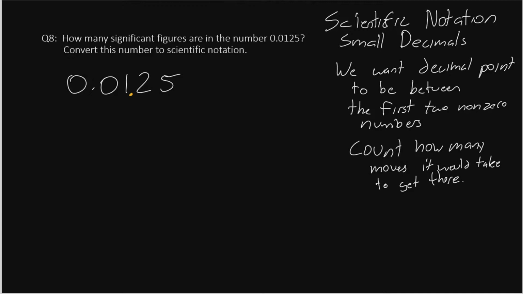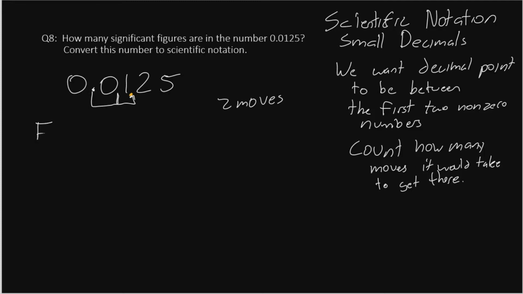Okay, so let's have a look here. Here's where the white marker is. That's where the decimal point started. To get it over to the yellow marker, we would have to make 1, 2 moves. So when we write our scientific notation, we first have to figure out how many significant figures to write here.